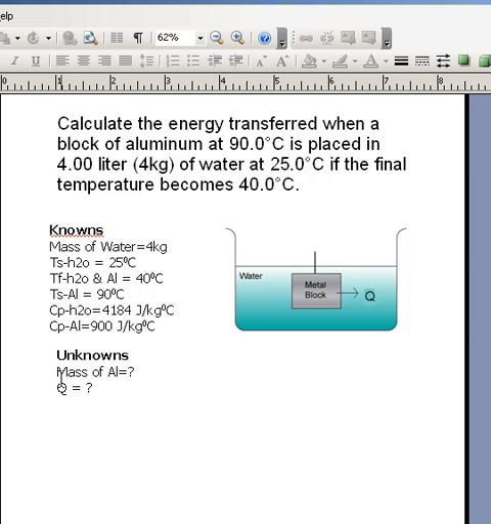The unknowns, what are we looking for? The first thing it says is calculate the energy transferred. So you've got to read your clue here and then calculate Q. The second thing that we don't know, we know the mass of water, but we don't know how big this block of metal is. So we're going to try to calculate that as well while we're at it.